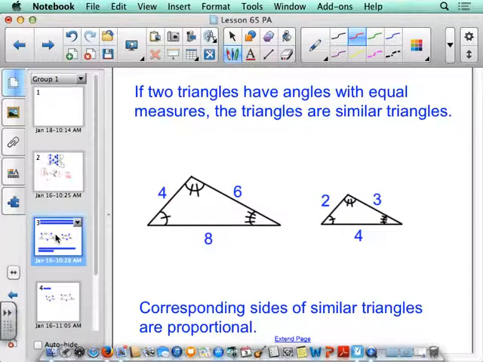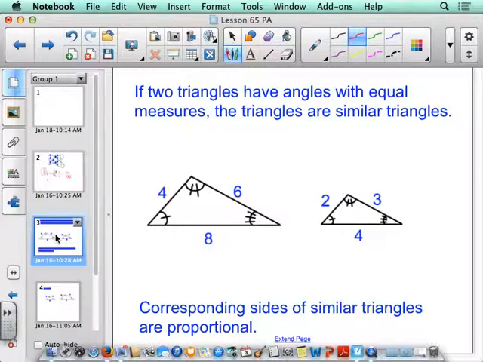This one has two tick marks. Means they're the same measure. This one and this one both have three tick marks. They're both the same measure. So are these two figures the same shape? Yes. So they're the same shape. They're obviously different in size because of the lengths on them. These are similar triangles. Similar triangles are proportional.